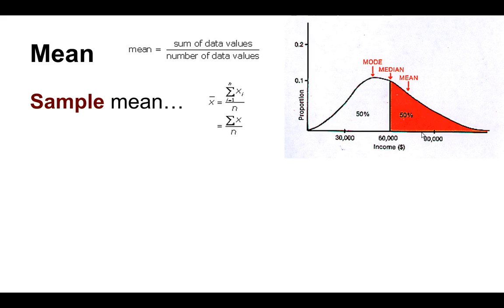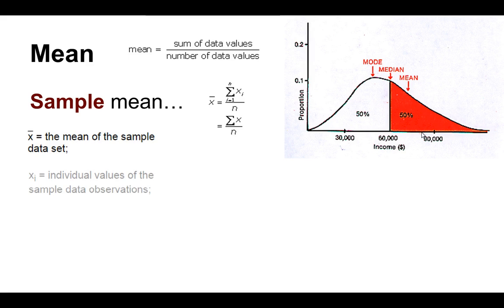And you can simplify it by writing sigma x all over n, representing sample size. So in this case, x bar is the mean of the sample data set. The way we say it is x bar, x with a line written over top. X sub i is each of the individual values of the sample data in our array. And sum of x is going to be sum of all of the individual values of the data.